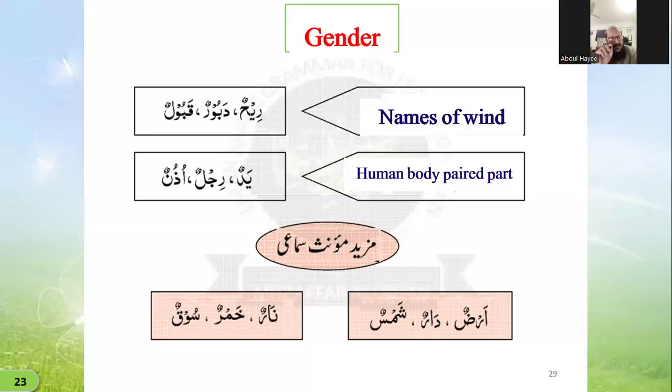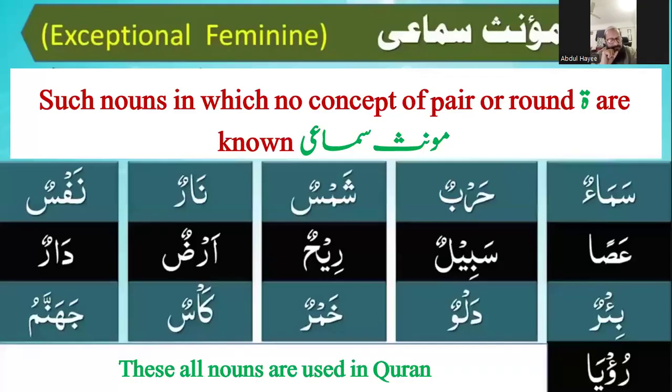Second, try to see if there's some sign of feminine, just like round ta or alif maksura, alif mamduda. And third, find out the list in which you have noted the words which the natives use as feminine.